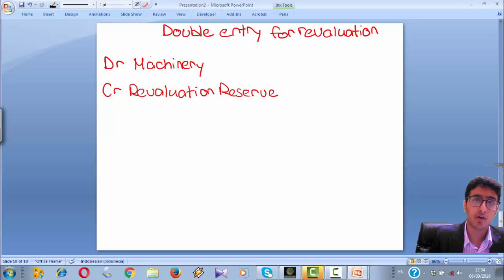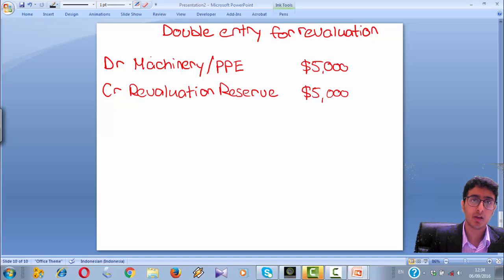Why do I debit my machinery or PPE? This simply means that the value of my asset has gone up by an additional $5,000, and now the revaluation reserve also has an amount of $5,000 inside it. Now where is revaluation reserve? This is in the statement of changes in equity.